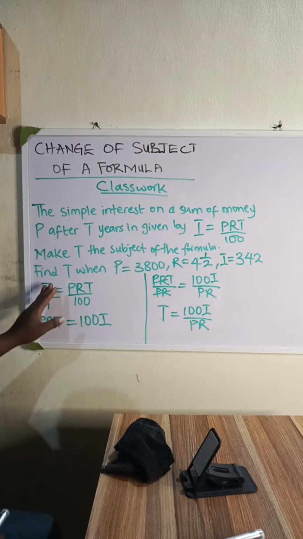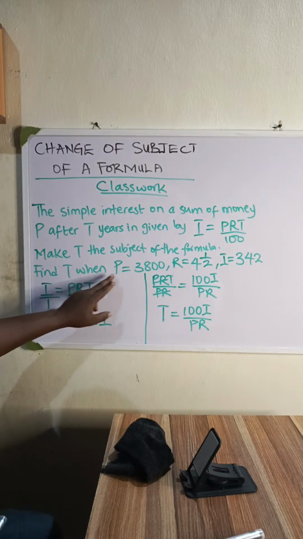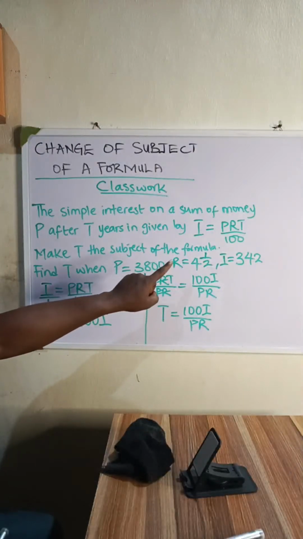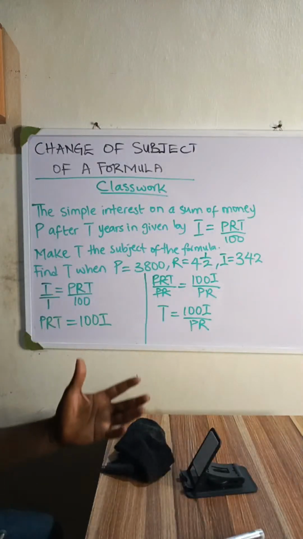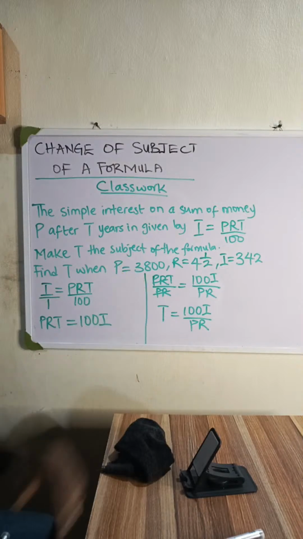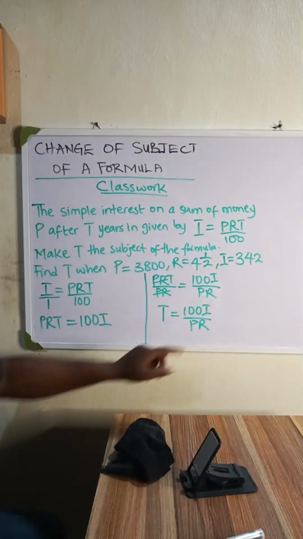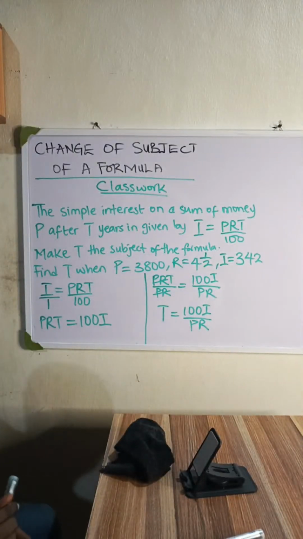The next thing we are told is find T when P is equal to 3,800, R is equal to 4.5, and I is equal to 342. So all we need to do is substitute these values into this formula. So let's do that.